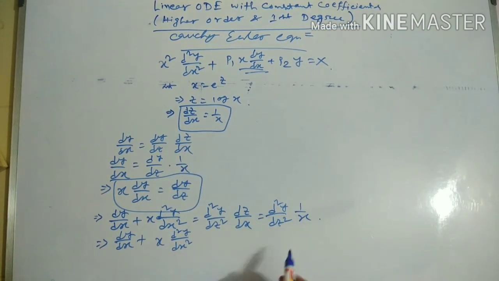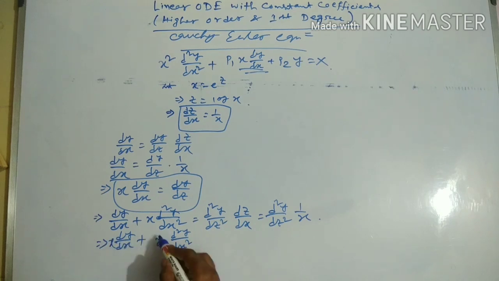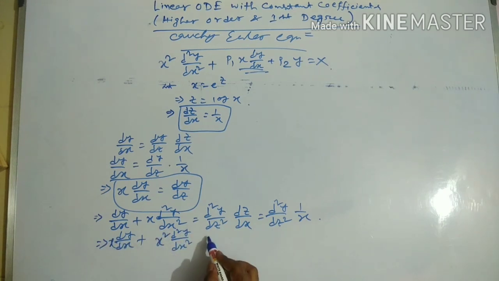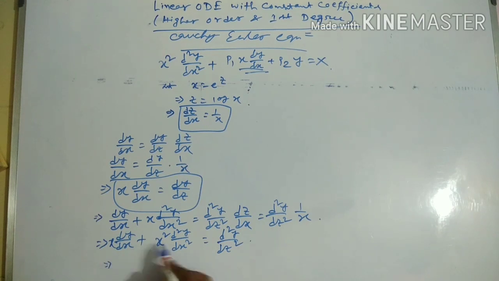Now we multiply both sides by x, so it will be x dy dx plus x square d square y dx square, and it will be d square y dz square.